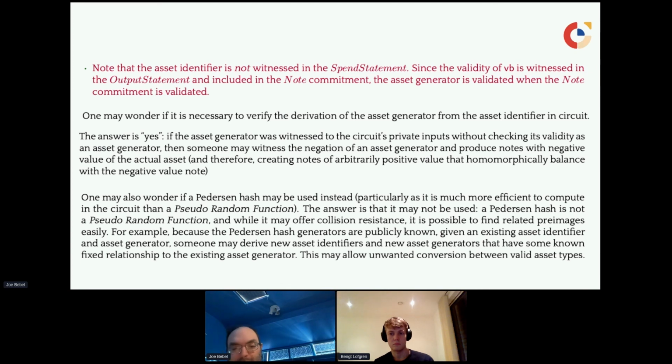Now, this doesn't mean that all conversions between asset types are unwanted. In fact, this just may allow unwanted conversions. We may actually want some conversions, which will be the next part of the talk.